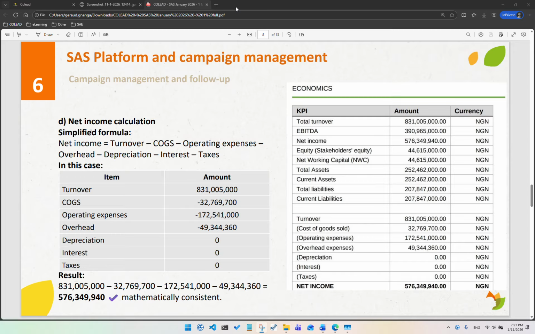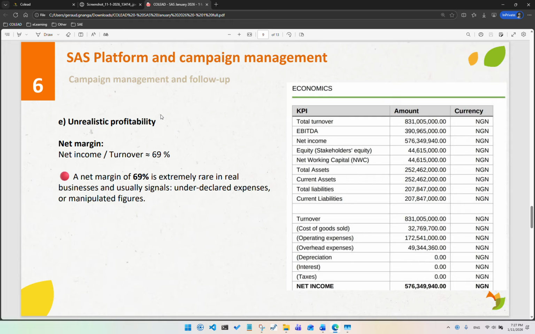We should handle this carefully. You should not tell it to the partner beneficiaries like that, but you should find a way to raise it to them. It should catch your attention when you are analyzing a company's SAS data.